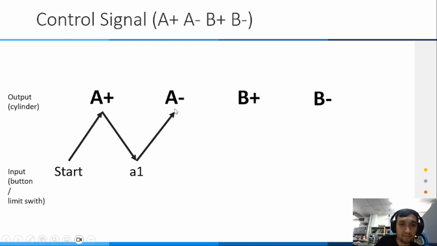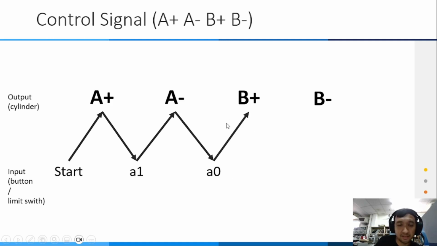After the A minus position is reached, limit switch A0 is active. Then when limit switch A0 is active, it makes cylinder B move to the B plus position.